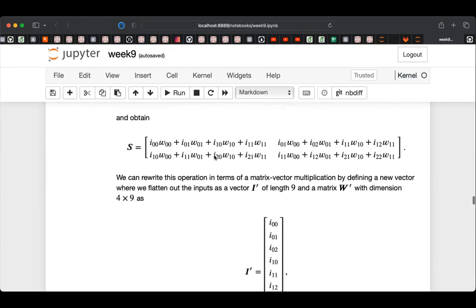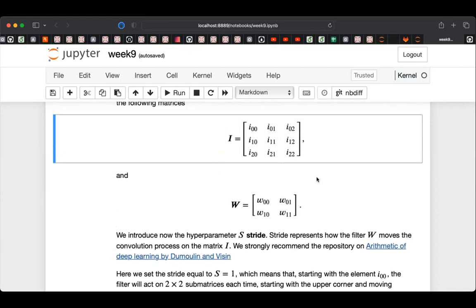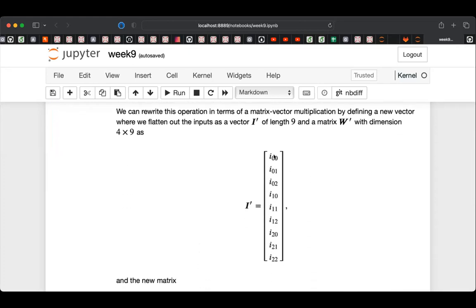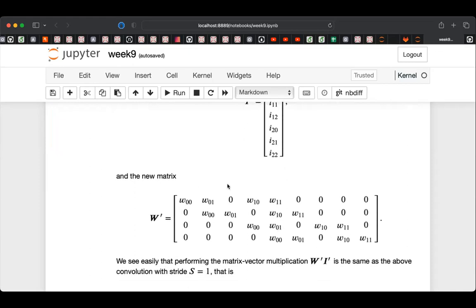If you now look at your input, instead of writing this out as a 3x3 matrix, you would flatten it out and write it as a vector of length 9. And it would contain these matrix elements here. And then you would rewrite a new matrix, the filter matrix, which is a sparse matrix.